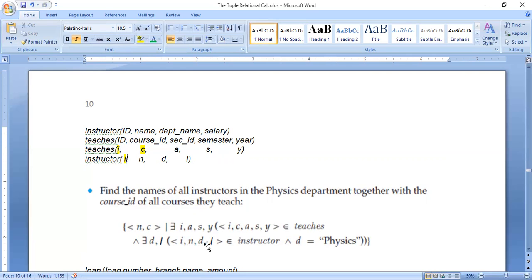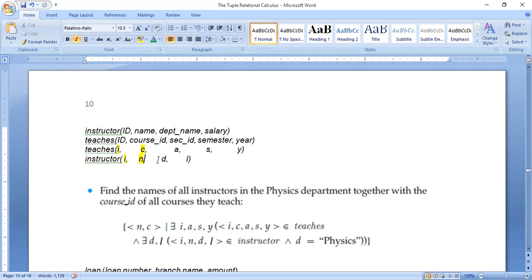Out of these, N was already printed as an output, so we mark this N also, and I was used in the teachers relation, so I is already marked, so the remaining are D and L, so we write D and L. And the condition for physics is for the department, and for the department we use the domain variable D, and this department should be equal to physics.